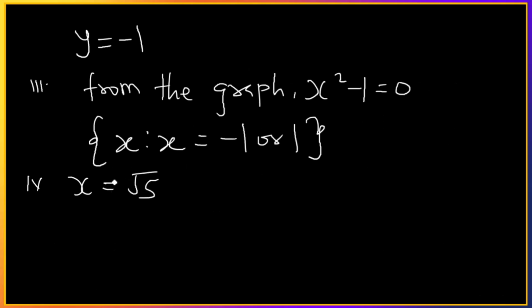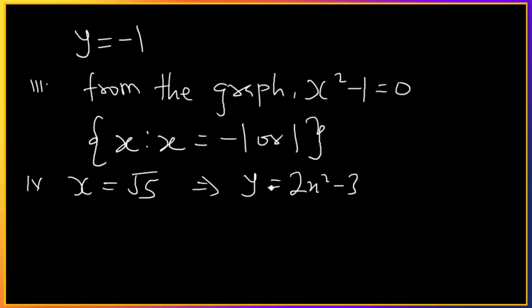Now, every equation which is seen in the question is compared to the relation. So we are also going to compare this to the relation y equals 2x squared minus 3.